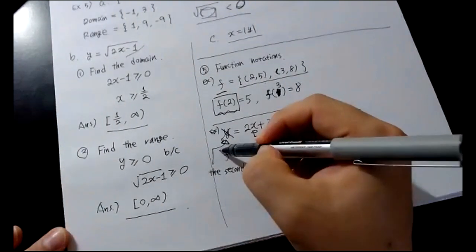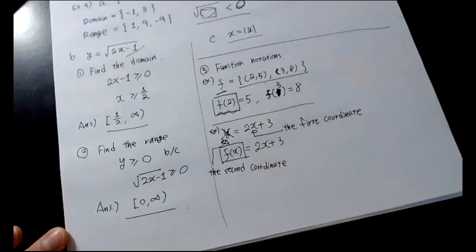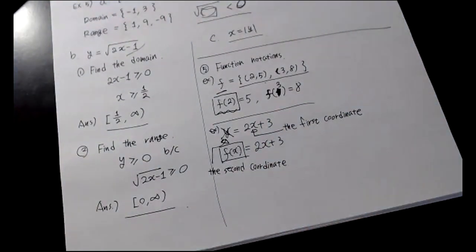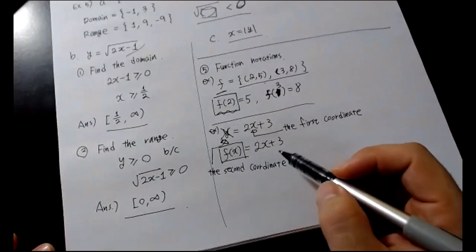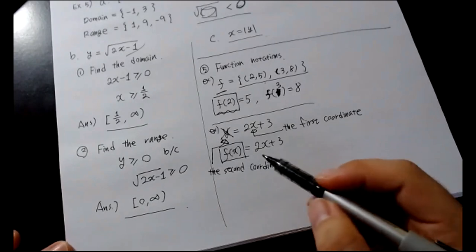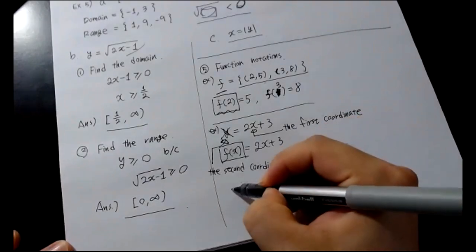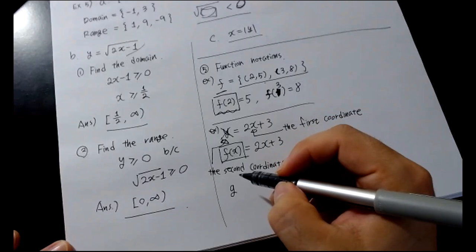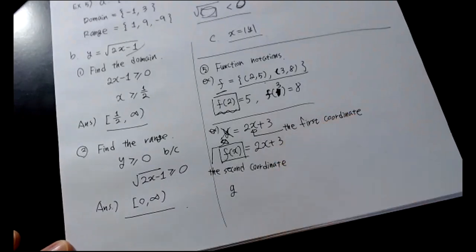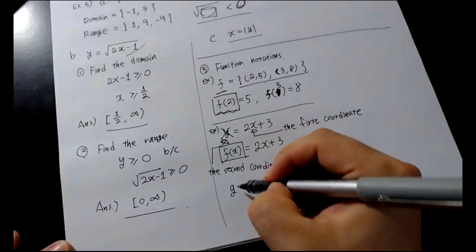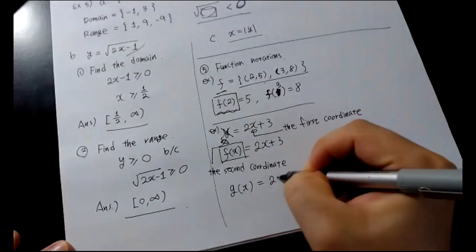Now, what did I say about f of x? F is a function notation, and f of x means the second coordinate corresponding to the first coordinate x. So f of x equals 2x plus 3 is nothing but y equals 2x plus 3. We can also use letters other than f. For example, g of x equals x plus 3.